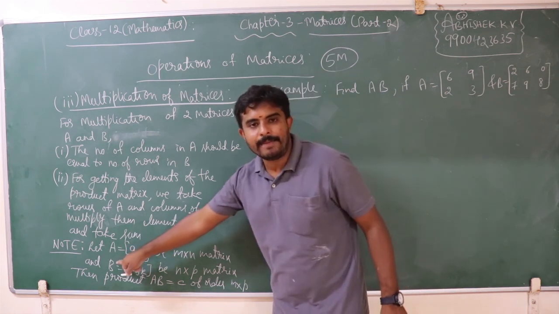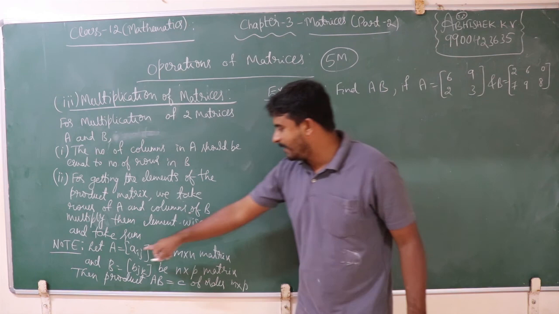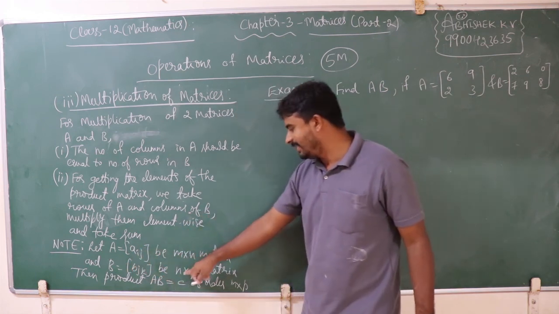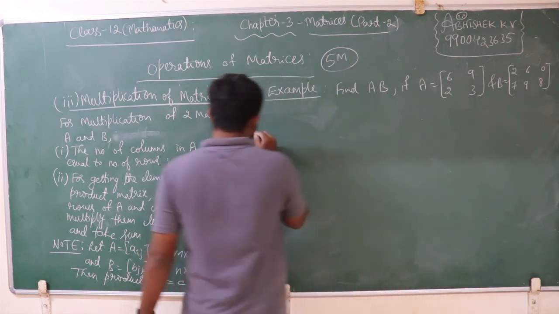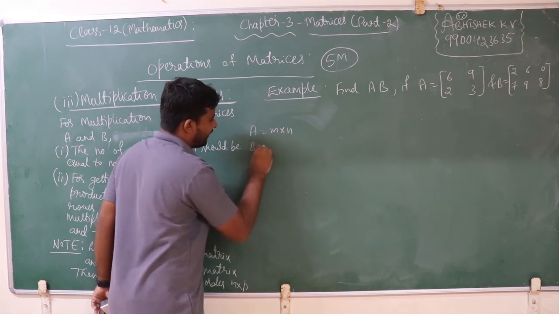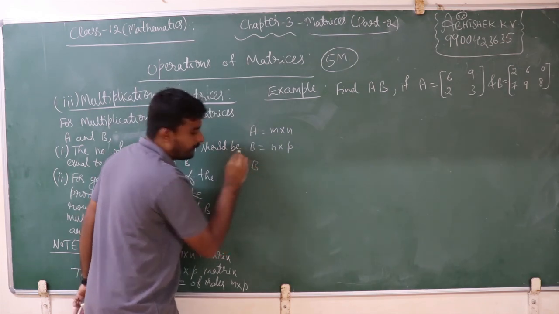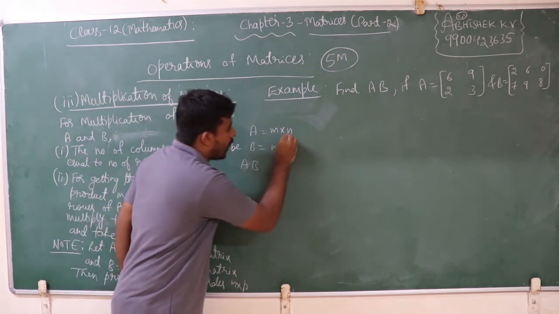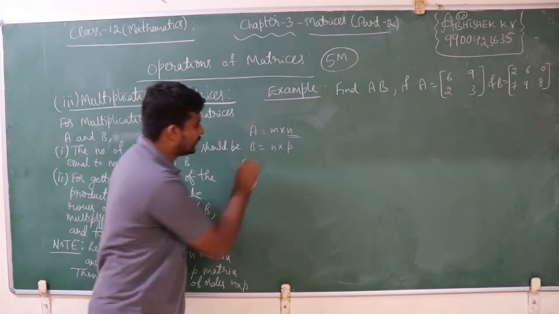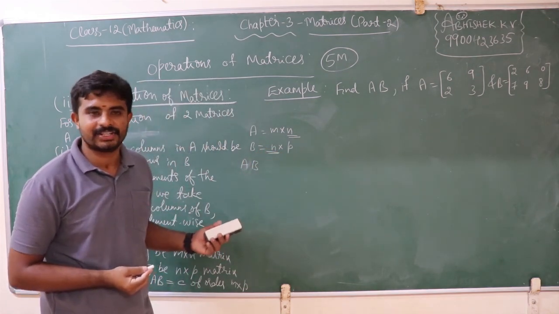Note that if matrix A is an M cross N matrix and matrix B is an N cross P matrix, then AB is defined. Why? The number of columns in matrix A is equal to the number of rows in matrix B. This is a necessary condition.